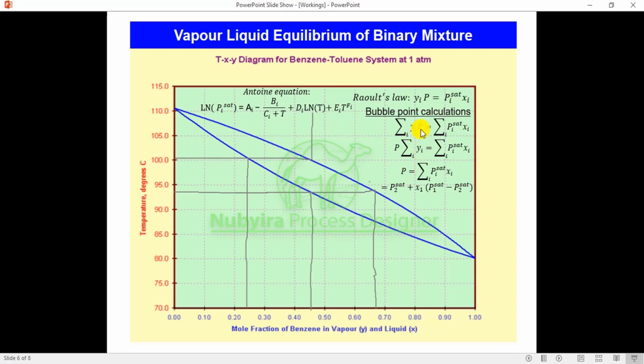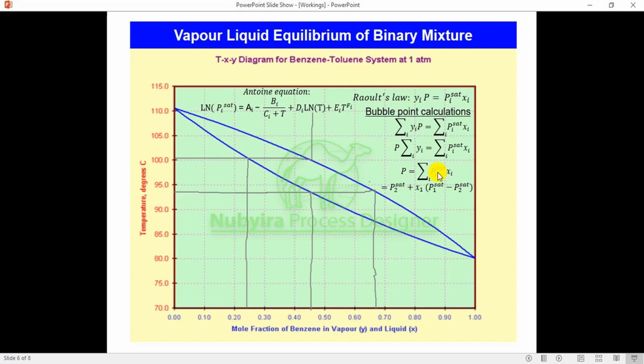Because the pressure of the whole system is constant, and yi is the mole fraction in the vapor phase, which when multiplied by P gives the partial pressure, you can take the pressure out. When you sum all the mole fractions, even for a binary mixture, the summation of all mole fractions should be equal to 1. So that's why summation yi is going to be 1. So you have something like this: P is equal to summation Pi xi.